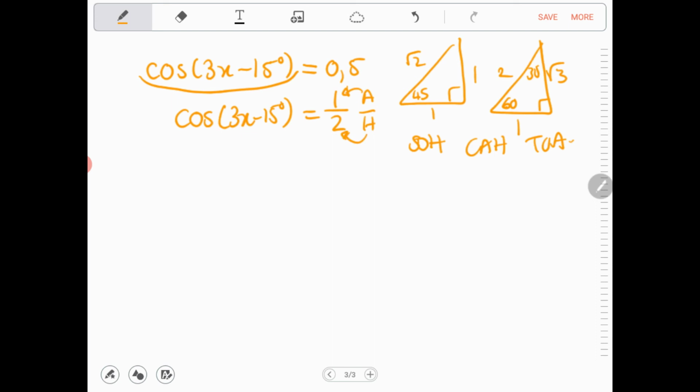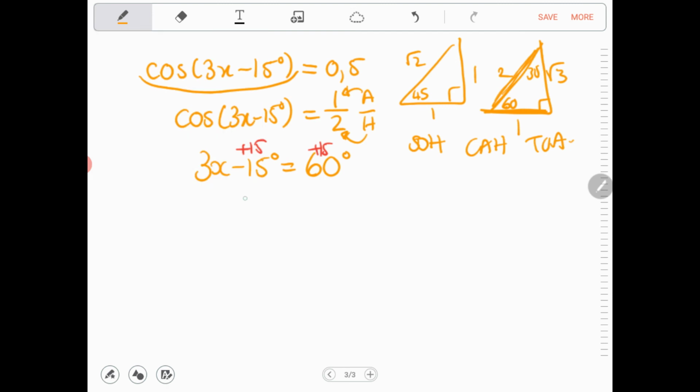So hypotenuse 2, well, that's all the time here. Adjacent of 1, well, it has to be the 60. So that tells me that the 3x minus 15 has to be equal to 60 degrees without using a calculator. And now we're going to solve it like a normal equation and finish it off. So we're going to add 15 to both sides.